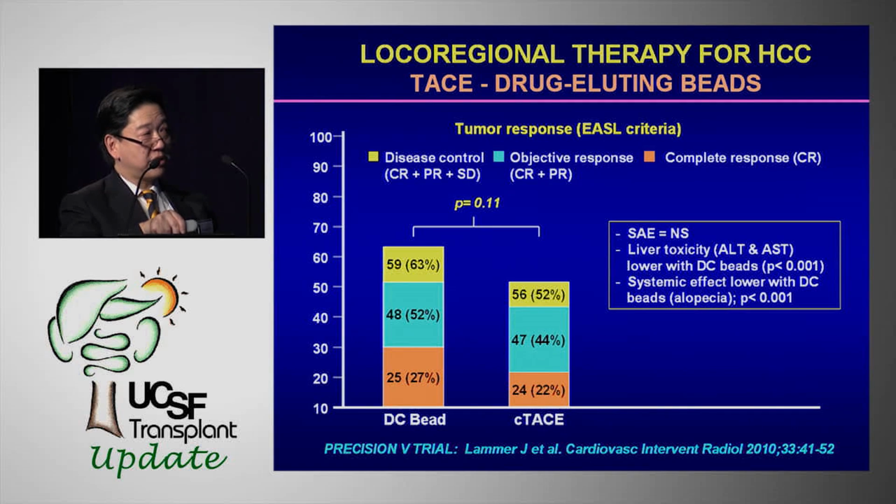But there's some difference in terms of toxicity, not in terms of serious adverse events, but liver toxicity based on ALT, AST level, and also systemic effects seem to be in favor of doxy beads, particularly the incidence of alopecia. So a lot of people are moving to the use of doxy beads.